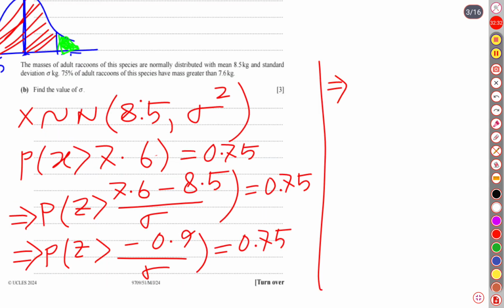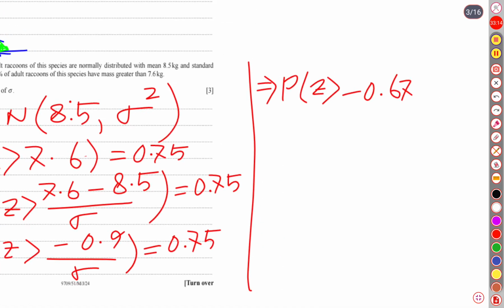Using my probability normal distribution function, we can see that when probability is 0.75, z is greater than negative. Let us see the 0.75. At the bottom of the table it is written that when probability is 0.75, our z score is 0.674.